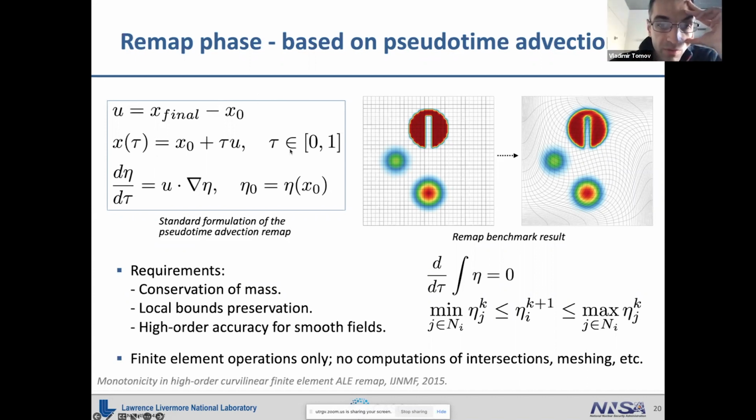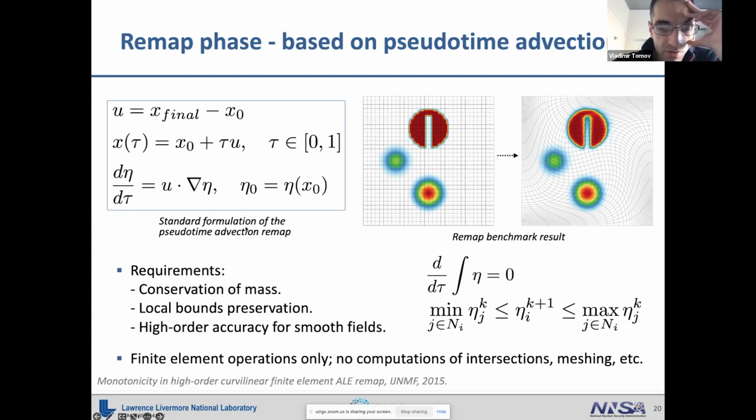And the pseudo-time tau goes from 0 to 1. And the idea is that the mesh will move slowly to transition like this. And at the same time, we will be solving a PDE for the solution eta. And this PDE will say that basically eta must stay constant during this transition between the meshes.